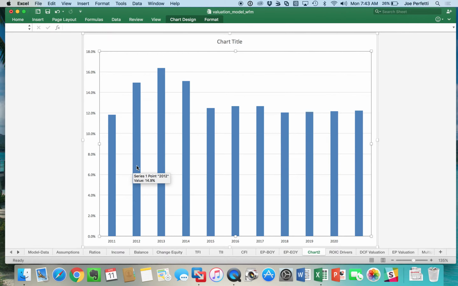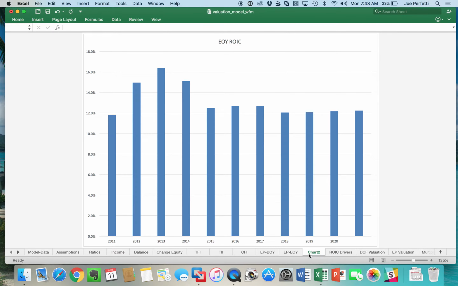Now I know that these are the ROICs. I'll change the chart title to EOY ROIC and rename the tab the ROIC chart. This is a graph of historical and forecast ROICs.